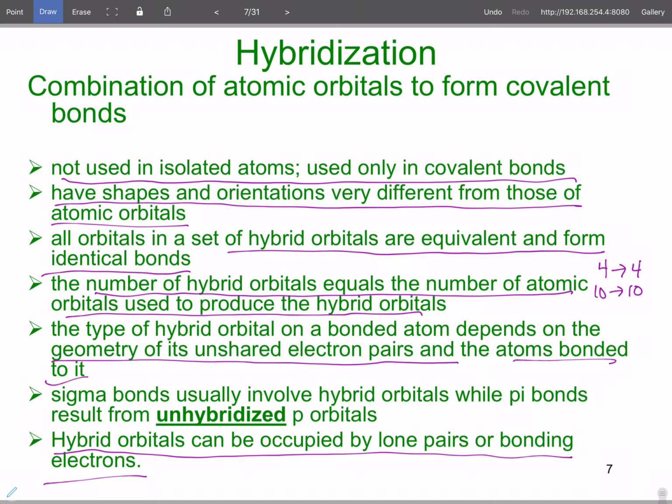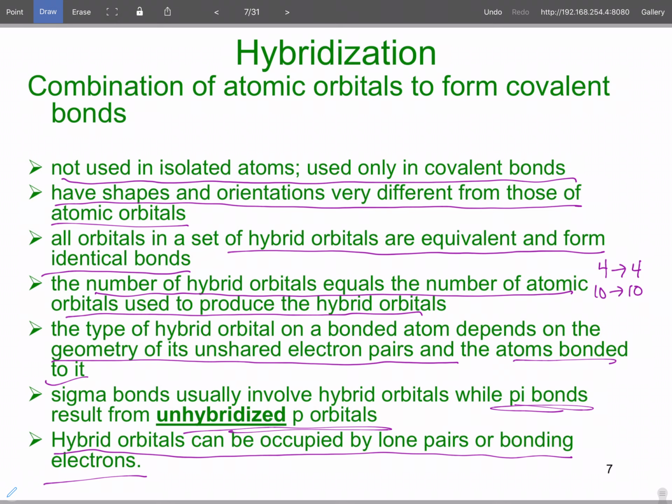However, you cannot have hybridized orbitals if you're making pi bonds. They have to be unhybridized p's. But you could have a hybrid orbital that has a lone pair in it or a hybrid orbital that has a bonding pair. So I'll show you how that works as we go.